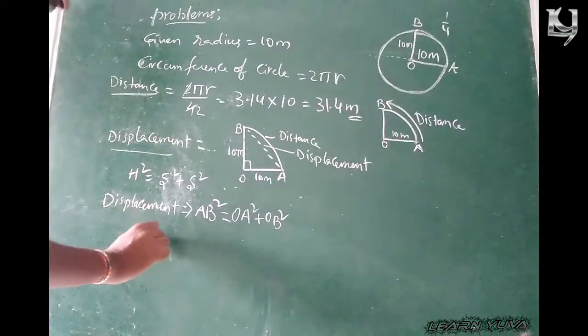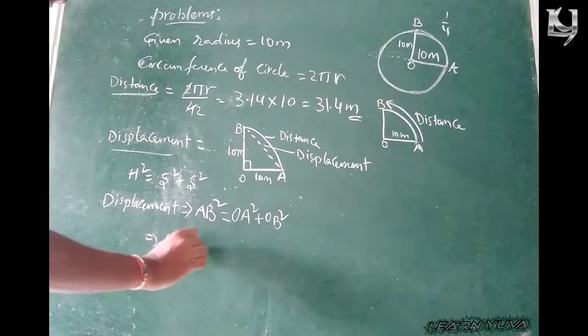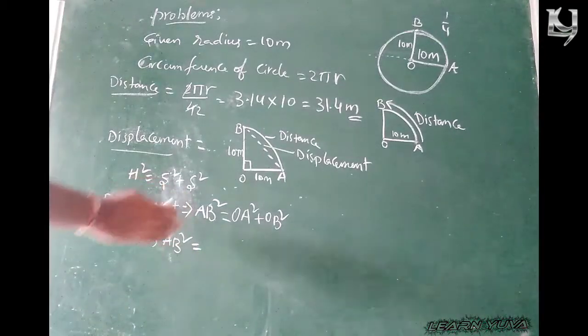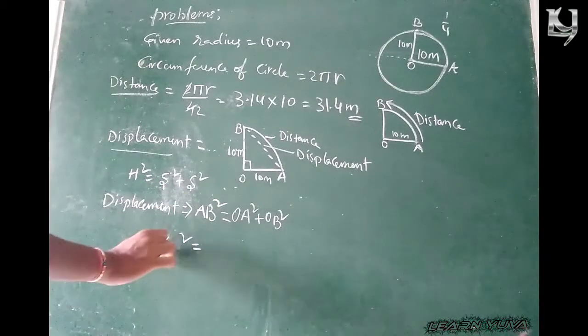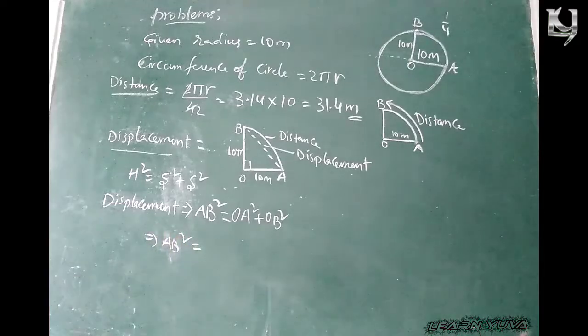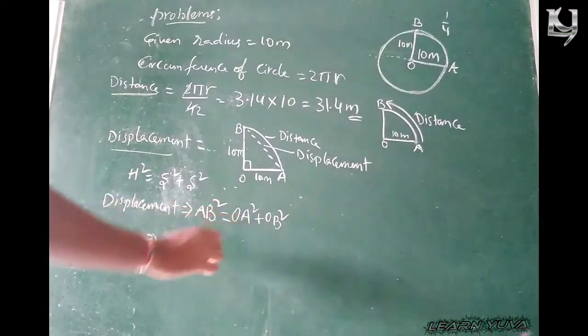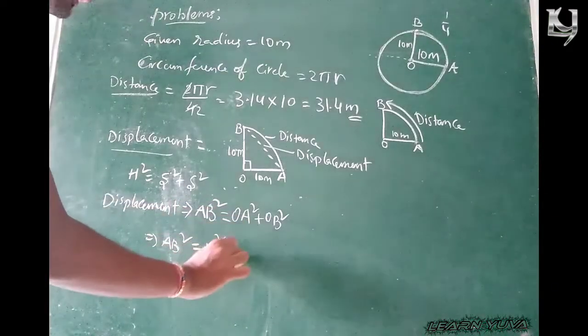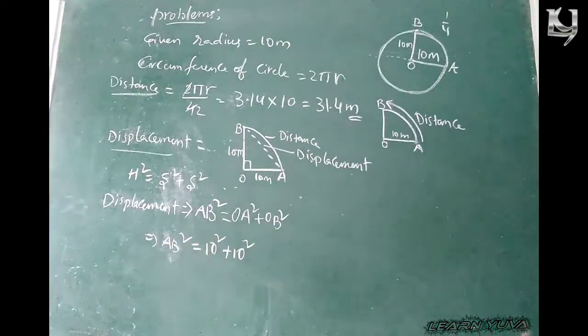So that implies AB square is equal to OA 10 square plus OB 10 square.